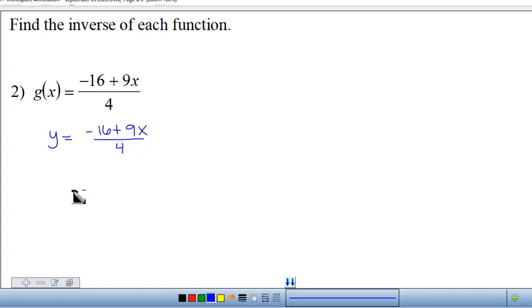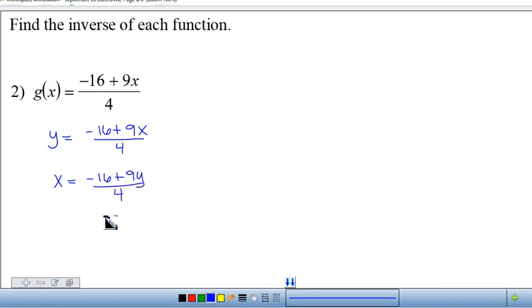Now that we have made that change, we will swap the x and the y. Remember, it's only the variables that change places. None of the numbers will move. So x is equal to negative 16 plus 9y over 4.